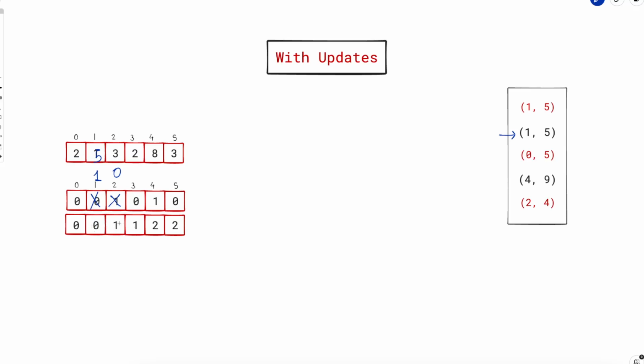But overall, this has the tendency to impact all the elements afterwards, right? Because of this, an update query can take us order N time. Even though we are able to answer the range queries efficiently, the update query will take the largest time, and that will make the complexity equal to the brute force one, which was Q into N, right?